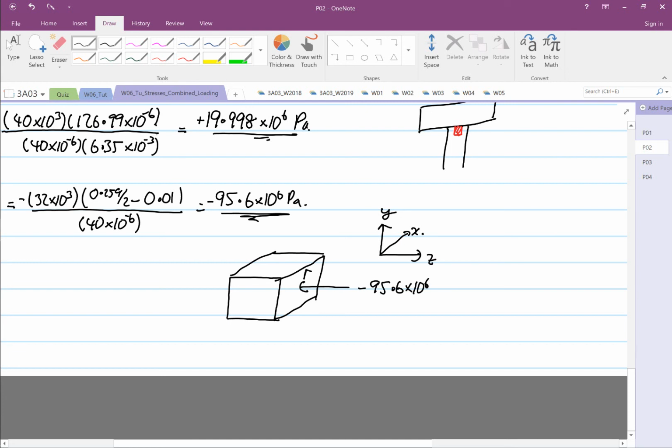You have a shear, and the shear is going down. I drew it wrongly there, so the shear is going down this way.